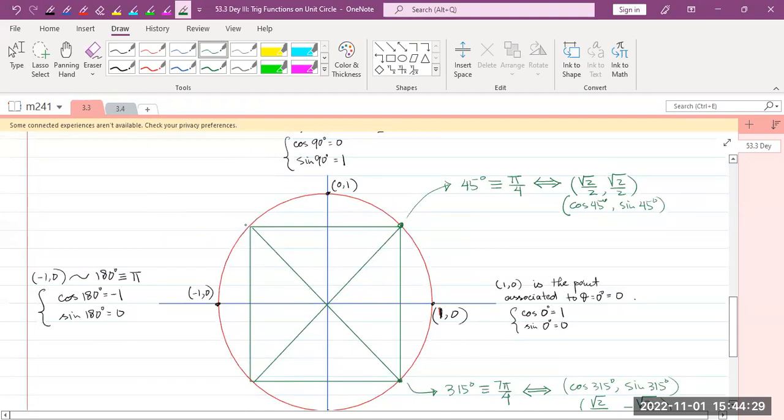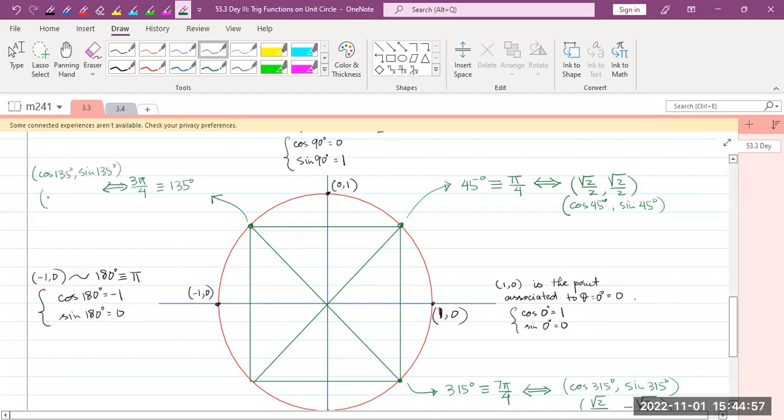Okay, now likewise, the angle here corresponds to 135 degrees, right? Which is 3 pi over 4. The coordinate associated to it is cosine 135 degrees, sine 135 degrees.